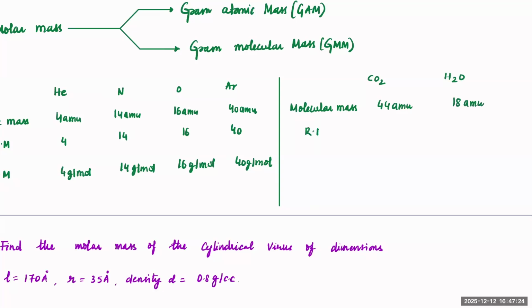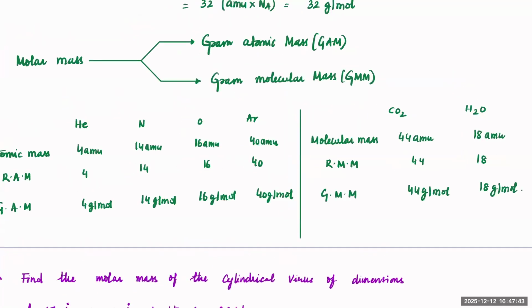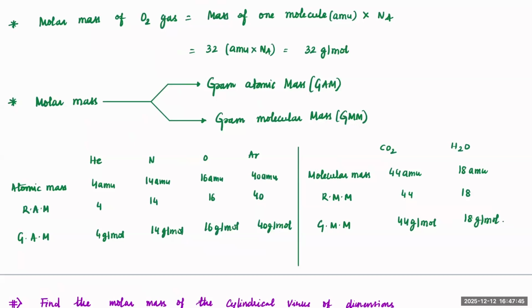And relative molecular mass is 44 and 18. And GMM, which is gram molecular mass, which means it is 44 gram per mole, and here it is 18 gram per mole. I think it all makes sense.